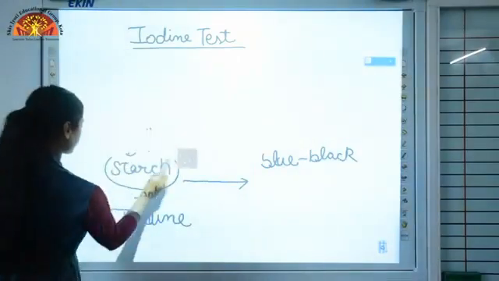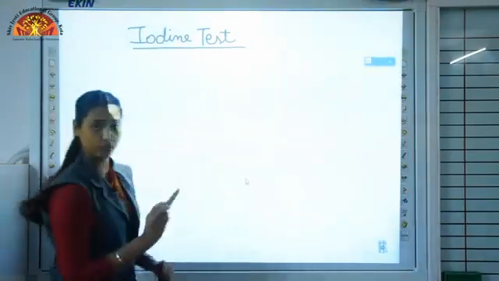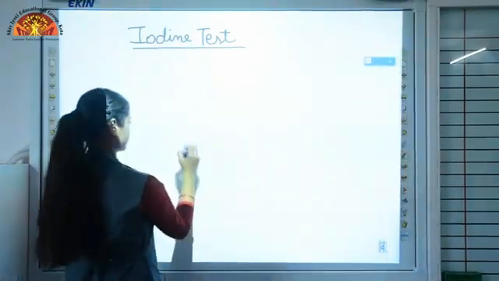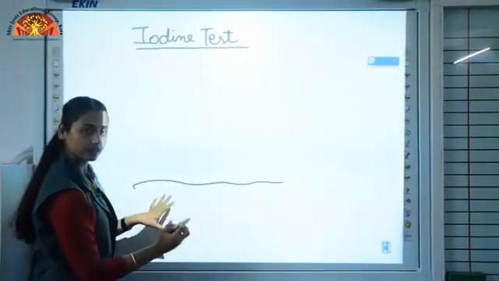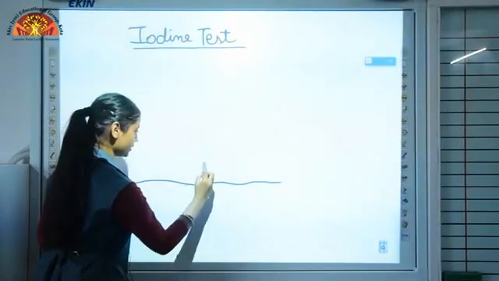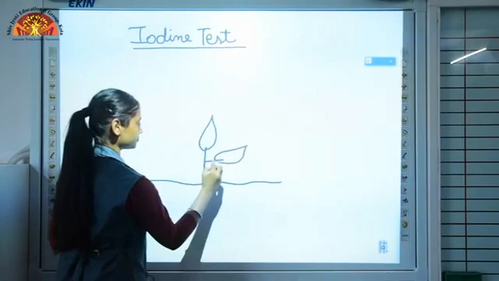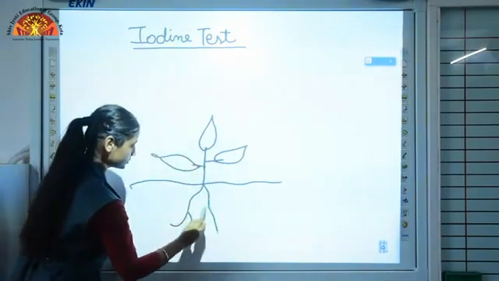Rhizobium is a bacteria, and which one is the other organism? Let's see. This is our ground surface, this is soil, and this is any plant. And these are roots.